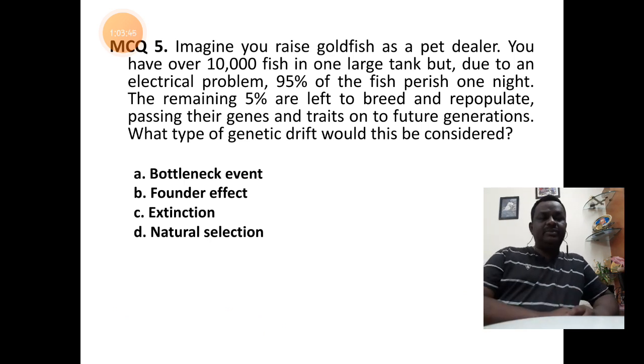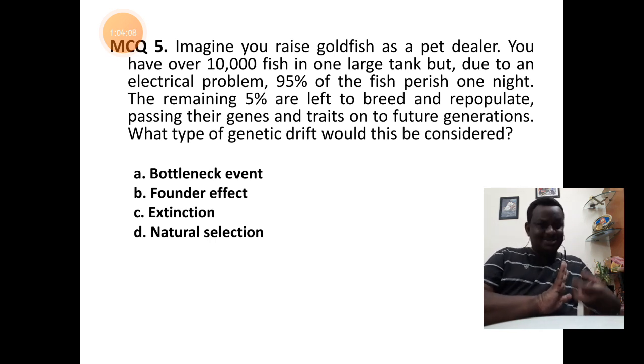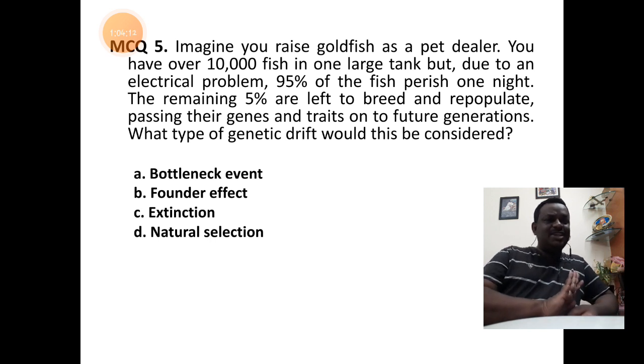Question 5. Imagine you raise goldfish as a pet dealer, and you have 10,000 fish in a large tank, but due to an electric problem, 95% of fish perish overnight. The remaining 5% are left to breed and to repopulate. So that is what is forming a new population, passing their genes, traits to their future generation.